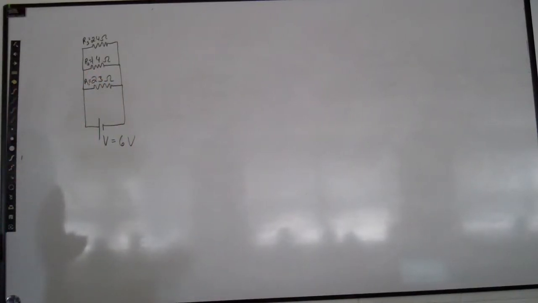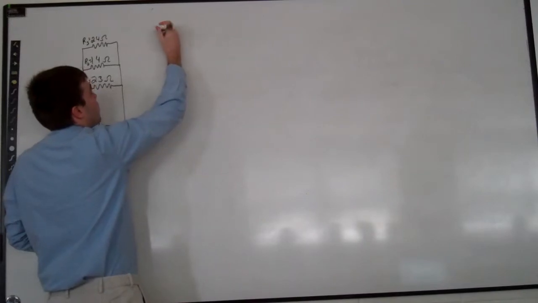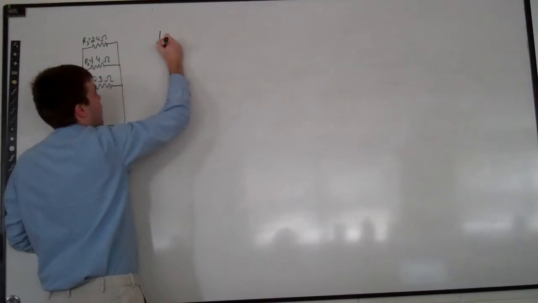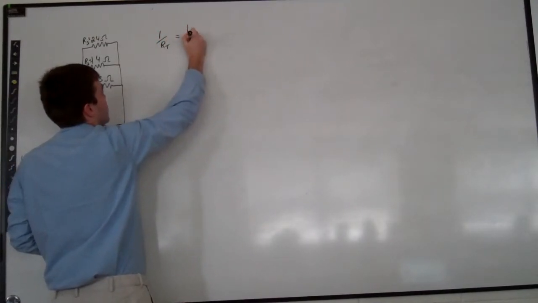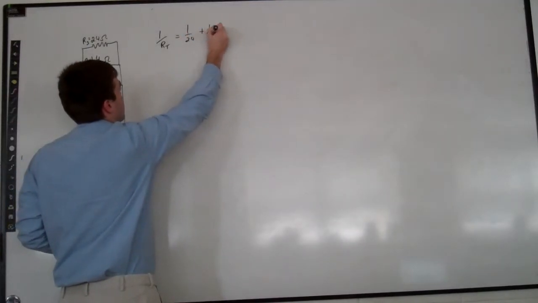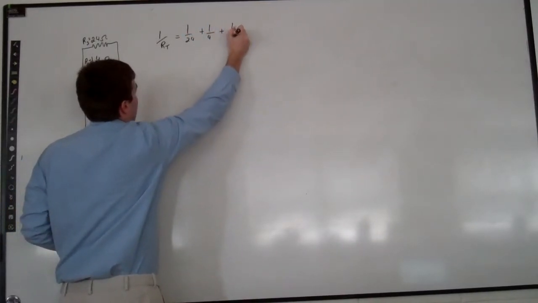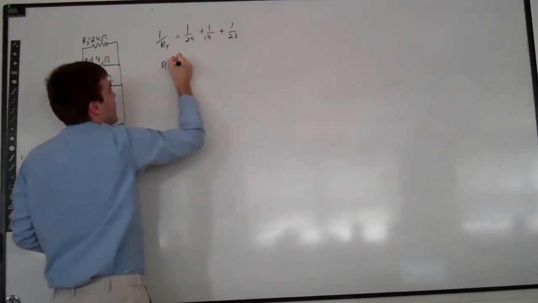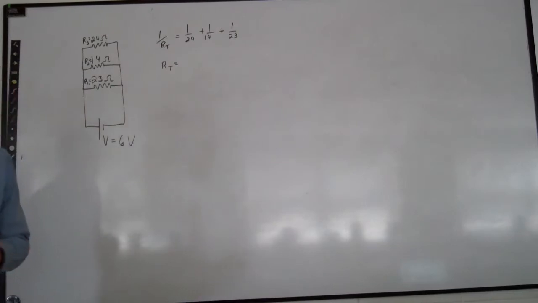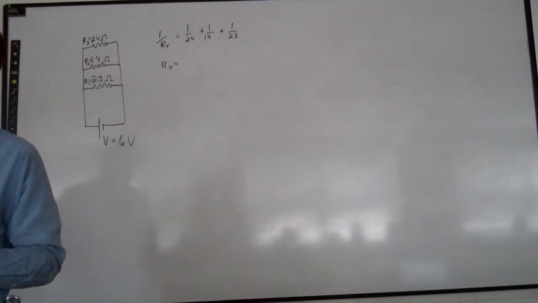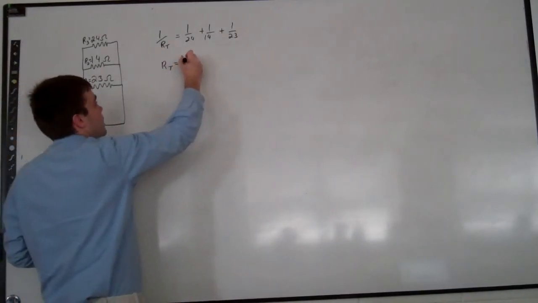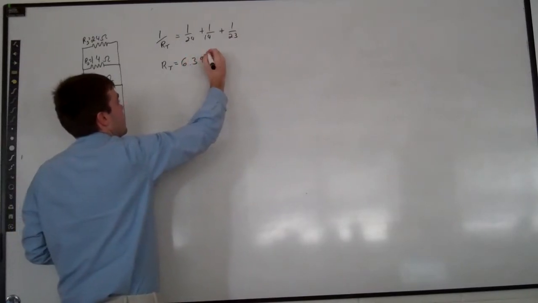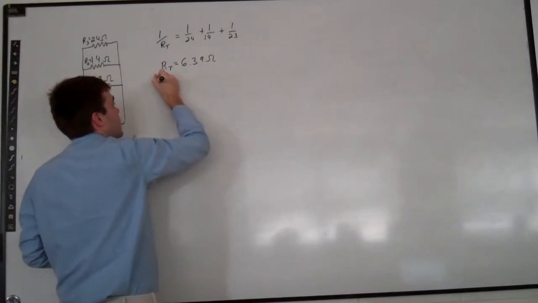So, how do we find the total resistance in this one? 1 over thing, right? So we're going to do 1 over RT equals 1 over 24 plus 1 over 4 plus 1 over 23. So, somebody tell me what RT equals. 6.39 ohms.